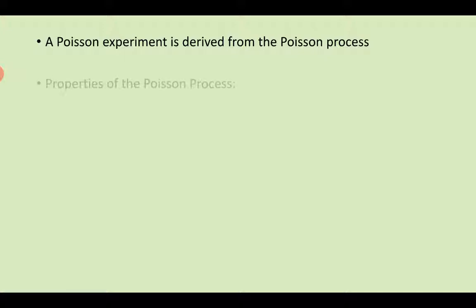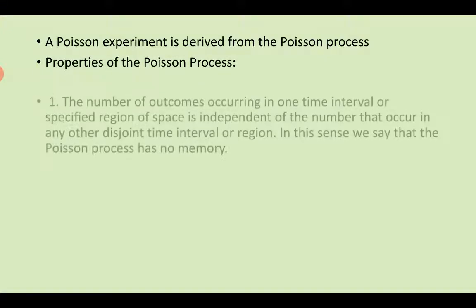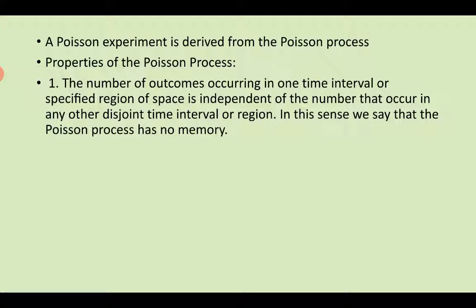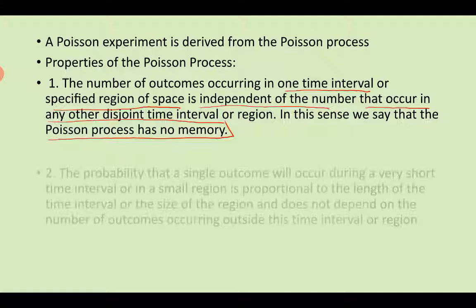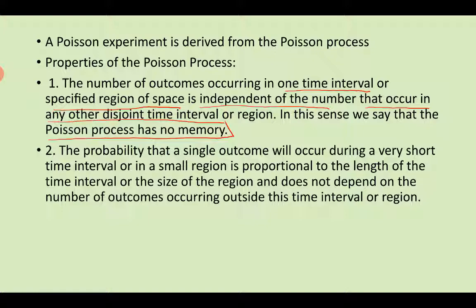So a Poisson experiment is derived from the Poisson process. Properties of the Poisson process. The number of outcomes occurring in one time interval or specified region of the space is independent of the number that occur in any other time. Just like binomial, it is independent. In this sense, we say that Poisson process has no memories. That has a property called memoryless property.